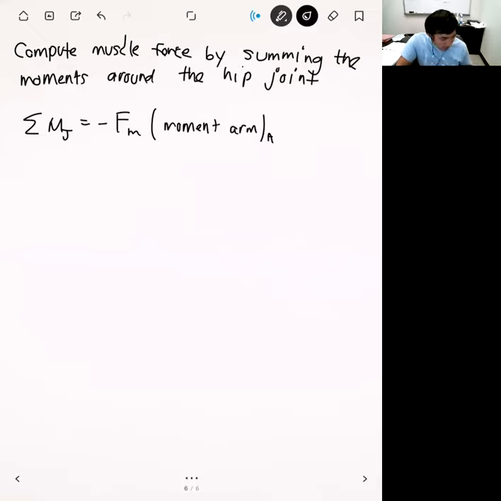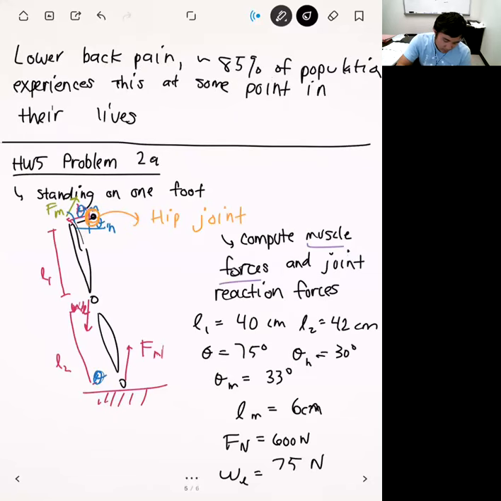That'll be a negative, because remember, the sign convention we use is that positive moments are counterclockwise and negative moments are clockwise. Since this FM is going to try to rotate clockwise around the joint, if we draw a complete circle with it, we can see that it's going clockwise.